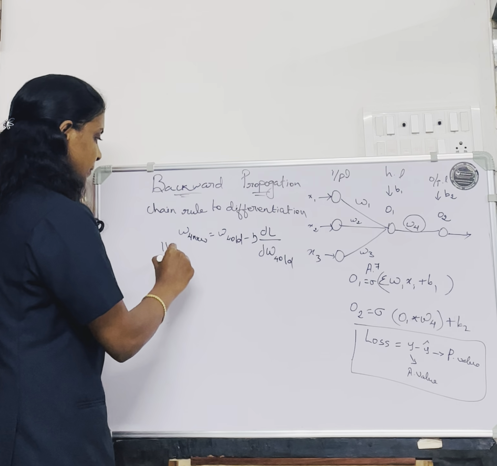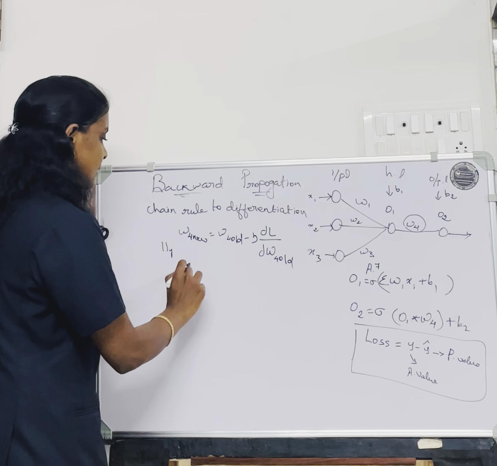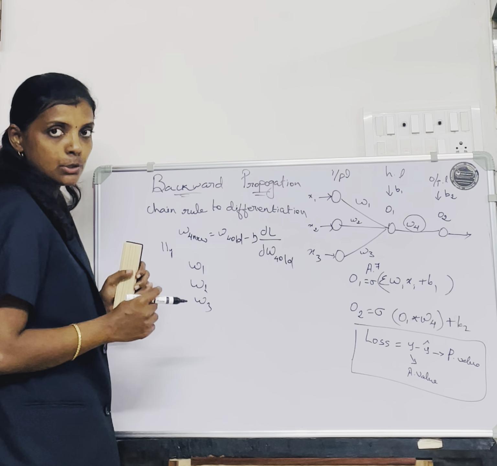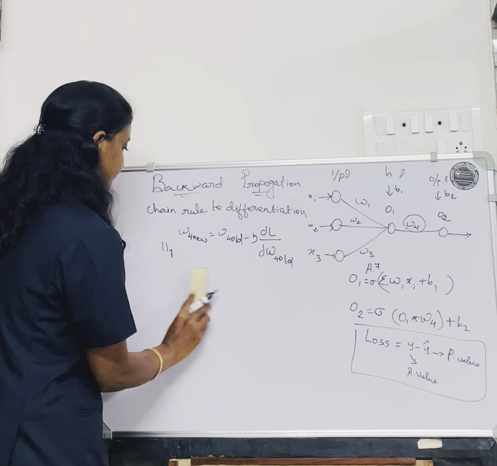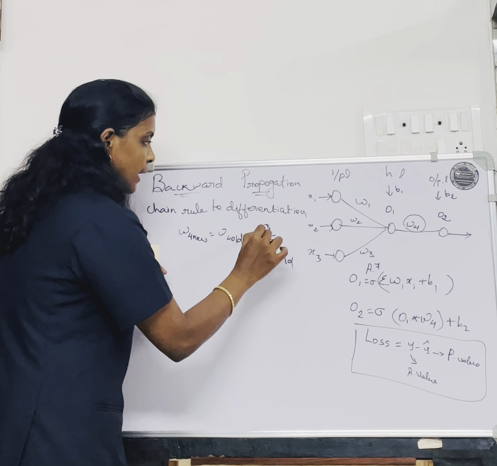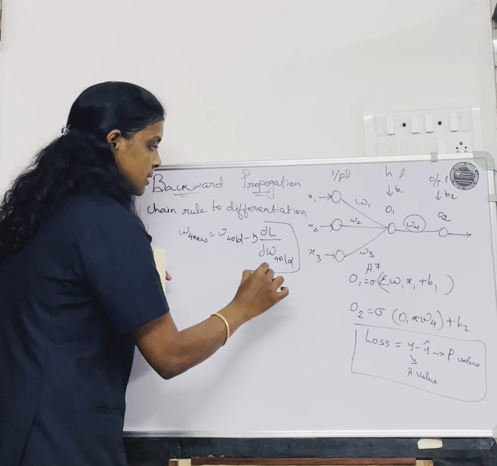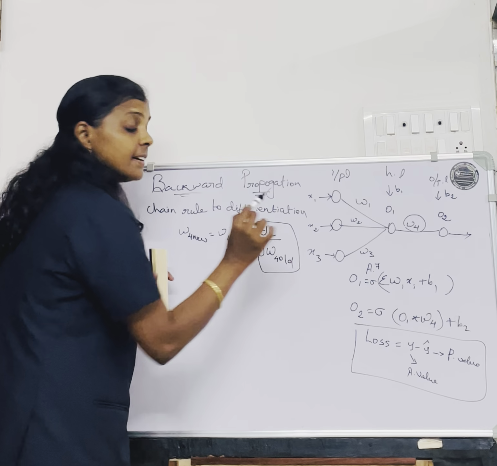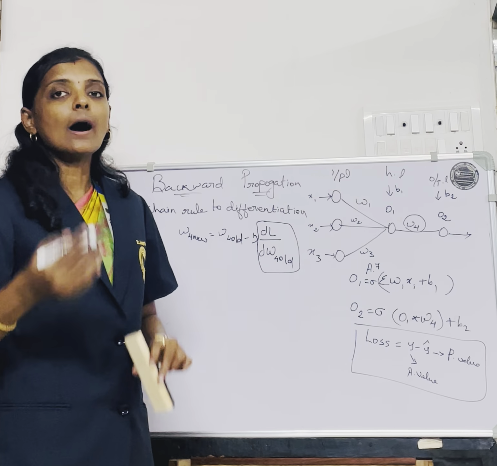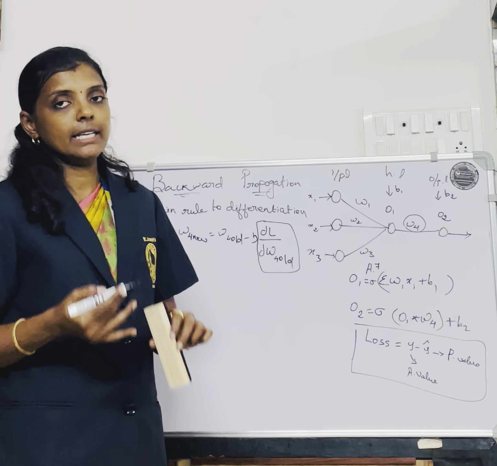Similarly, we have to update weights W1, W2, W3 also. Okay, so listen here. Now I am going to explain this derivation process. This is a very important process. Here only we are going to apply chain rule derivation.